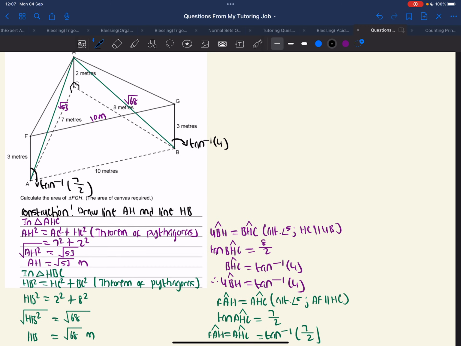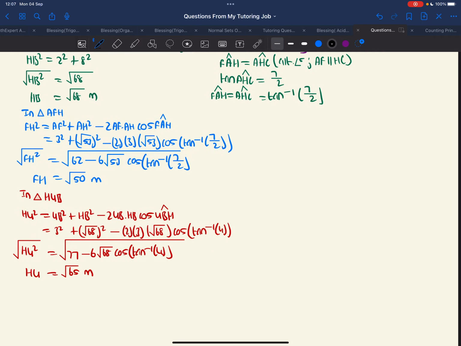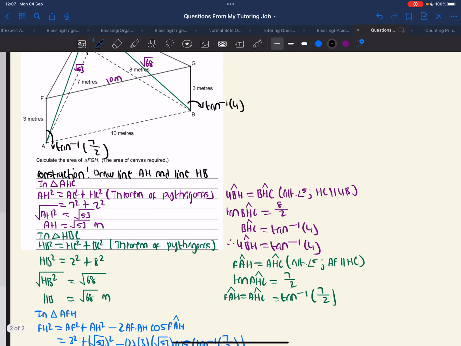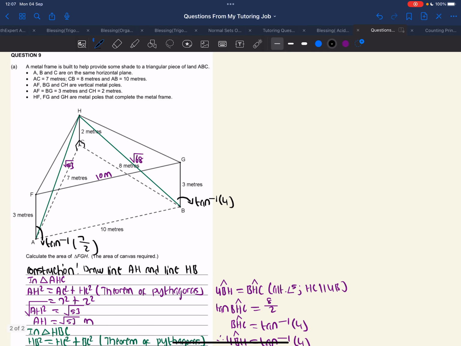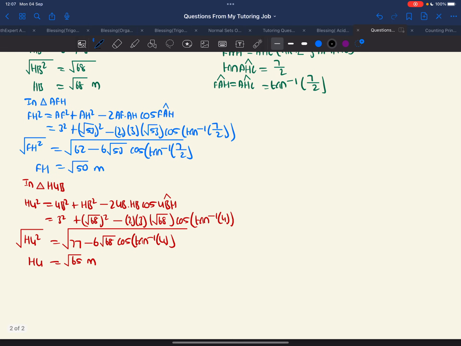So now I can go and put that HG is actually, remember we found that FH is square root 50, and that is square root 65. Okay, so we found that, that is good.